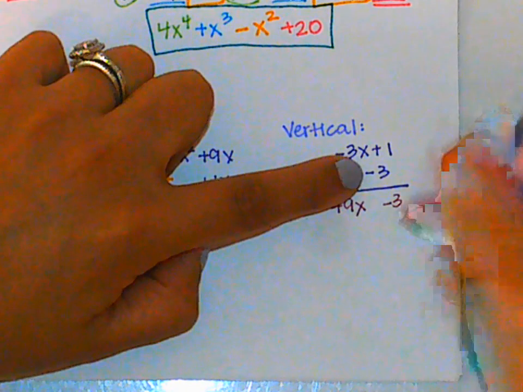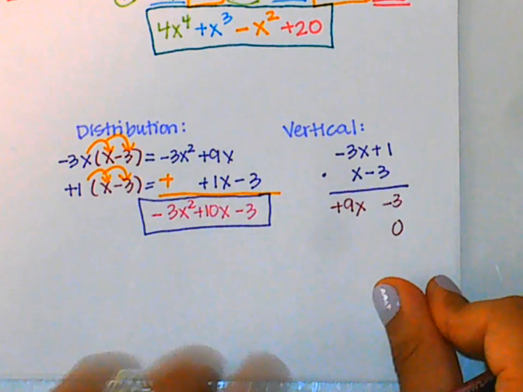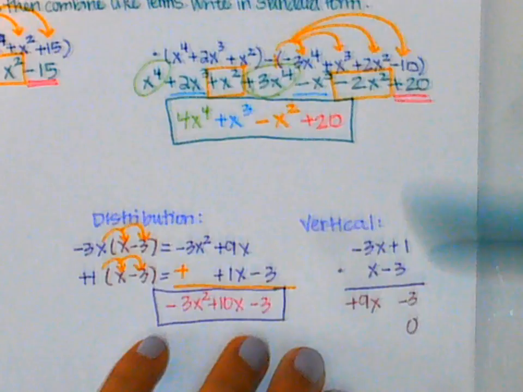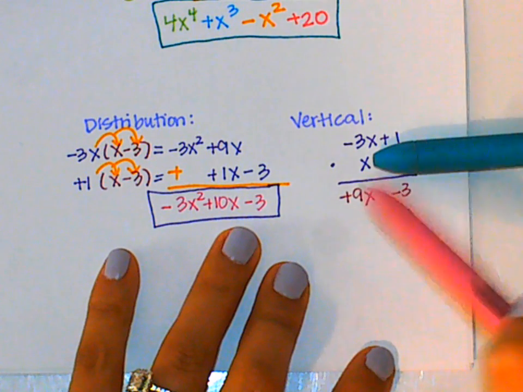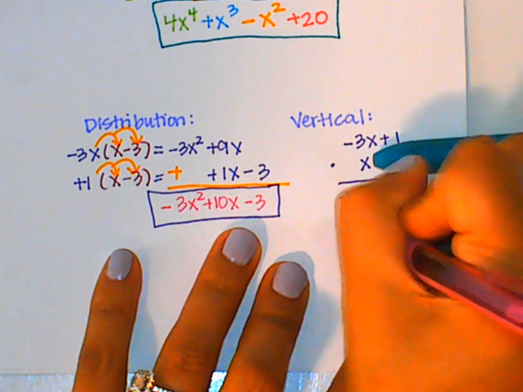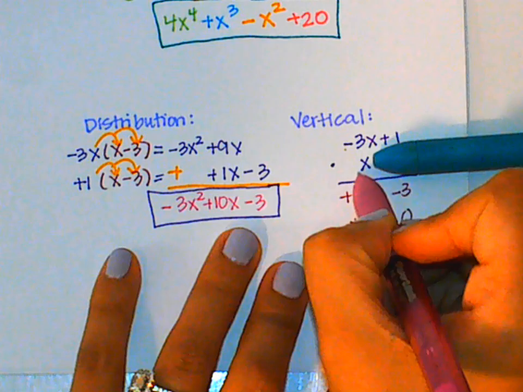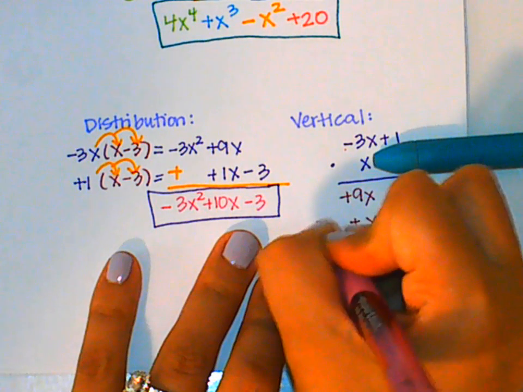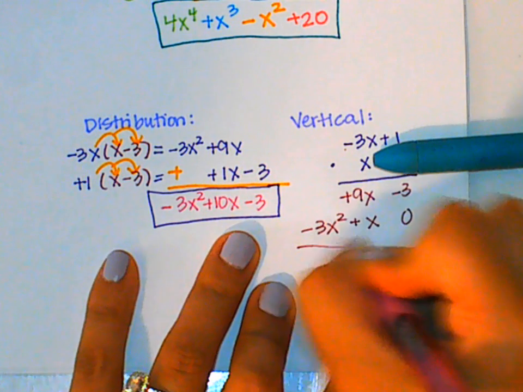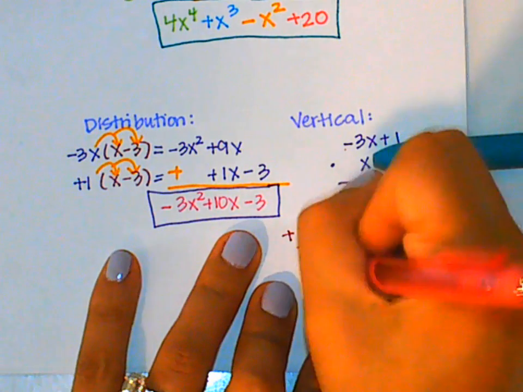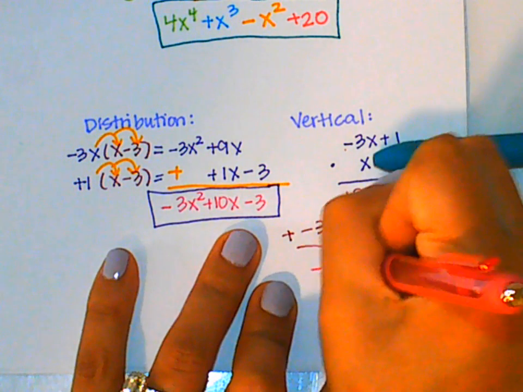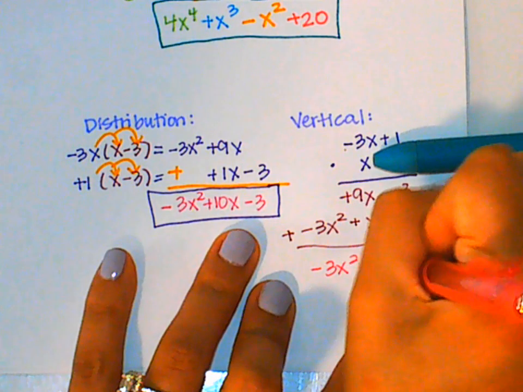Then I'm going to fill it in with a 0, and I'm going to cover the second term like that. So 1 times x is x, a positive, and then negative 3x times x is negative 3x squared. And once you're here, you can add straight down, and again, you would get the same answer, which is 3x squared plus 10x minus 3.